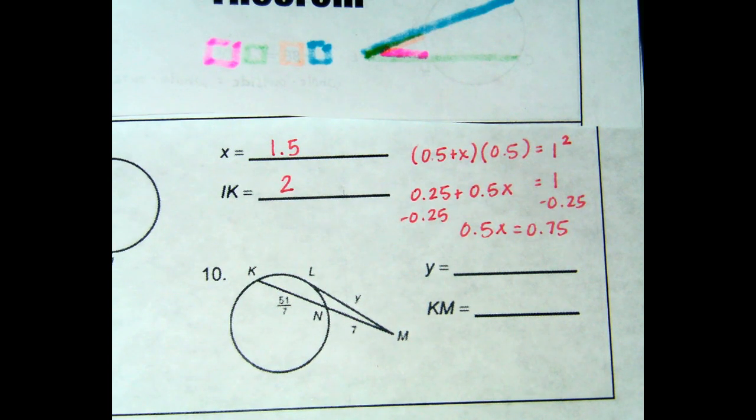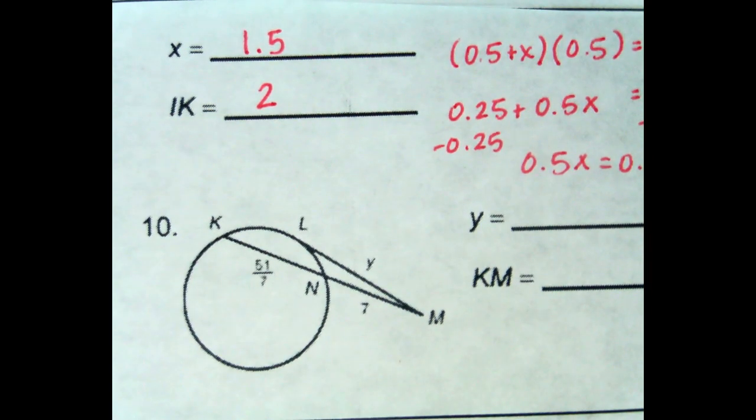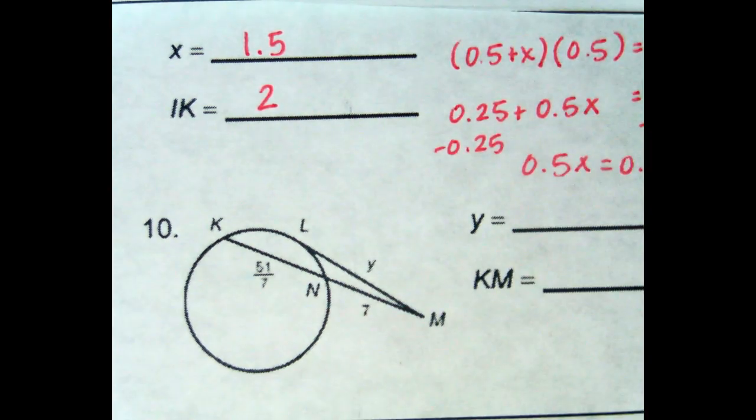Try number 10. That does say 51 over 7. Okay, how do I change this 7 to have a common denominator with the 51 over 7?